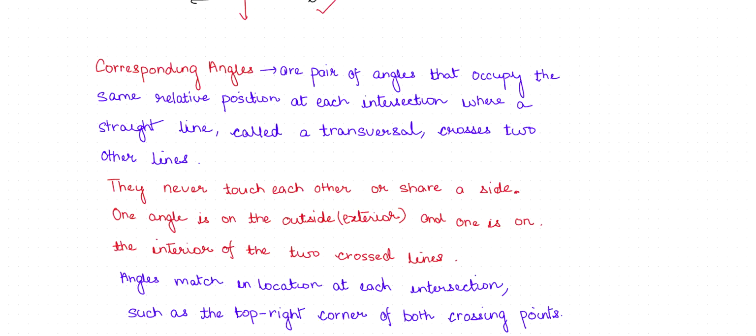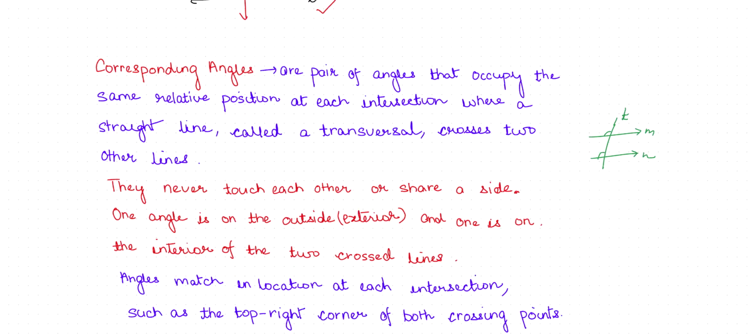So now we'll do corresponding angles. So corresponding angles are a pair of angles that occupy the same relative position like this at each intersection, where a straight line called a transversal crosses the other two lines. This is a transversal and these are lines M and N. So they never touch each other or share a side.